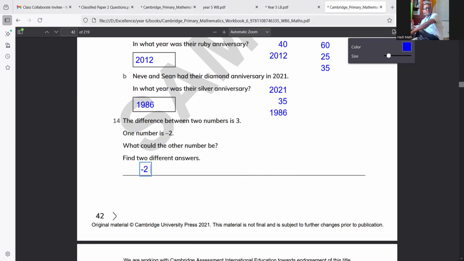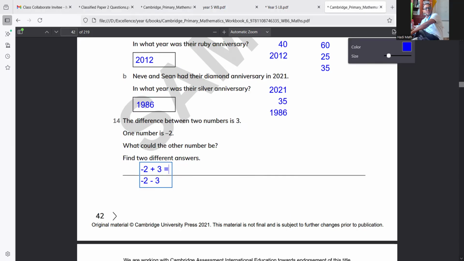And we say the difference between them is 3. When we say the difference between them is 3, either you add 3 or the other choice is you subtract 3 from -2. Those two answers will be correct.